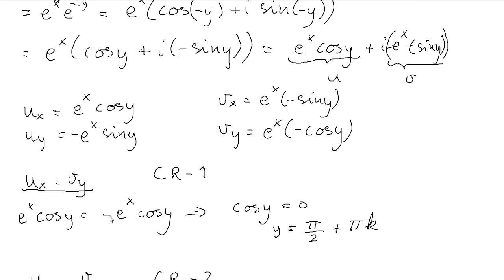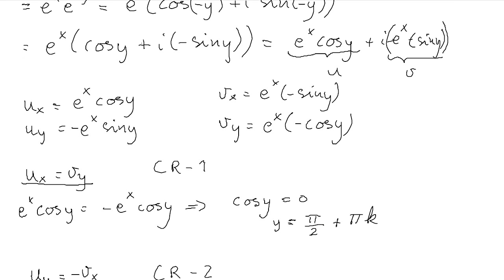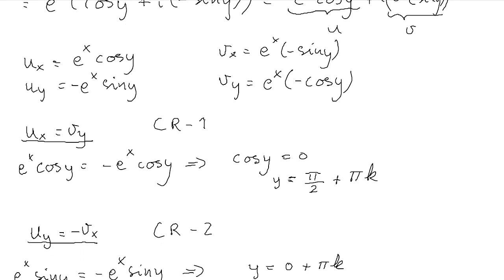And this should be 0, and the only possibility is that cosine is 0, because the exponential function can never be 0. So in order to get cosine equal to 0, y must be equal to pi over 2 plus some integer multiple of pi.